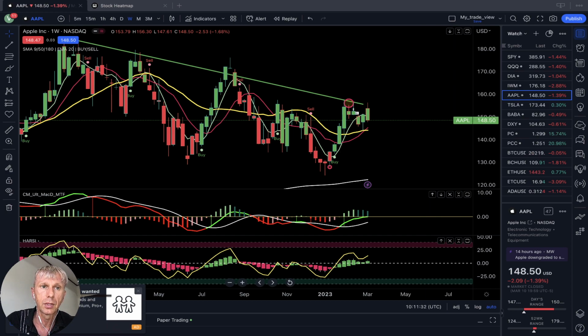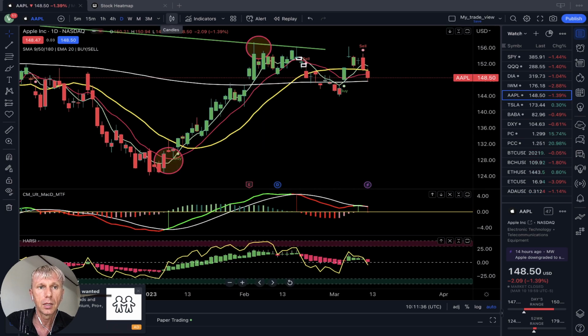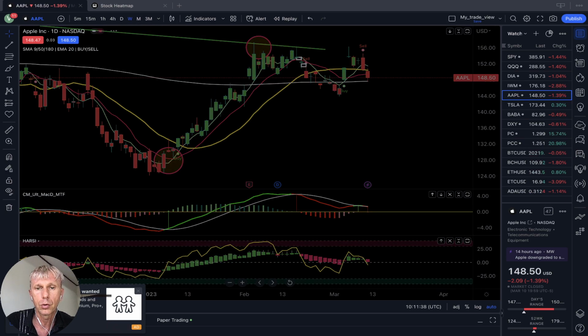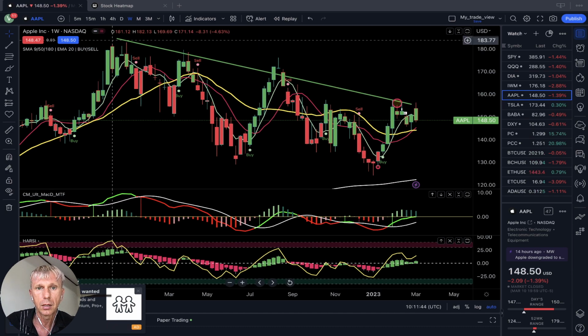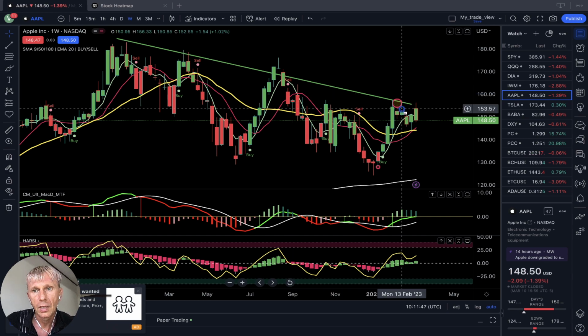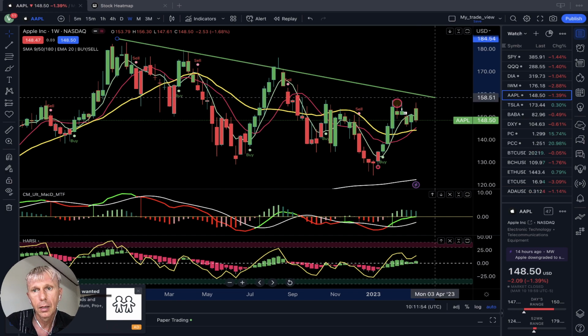Weekly, Apple still bullish. Let's check daily. What's going on daily? I'm sorry. Let me go back to weekly. I want to show the major trend line. This green trend line. You see, it started from the top of the market. It's not kind of perfect. Major trend line like this one.